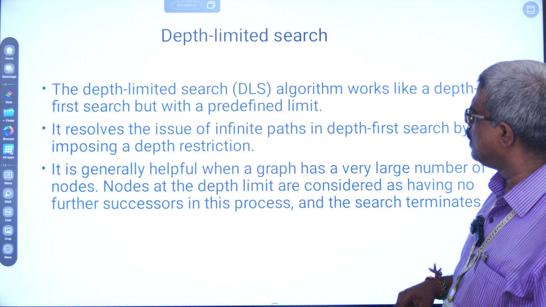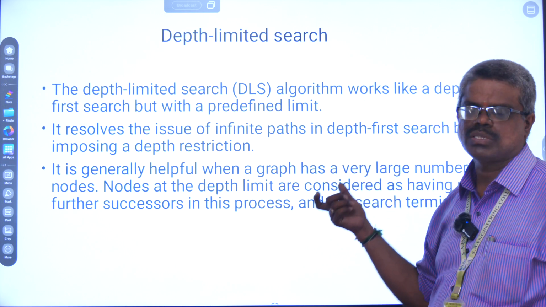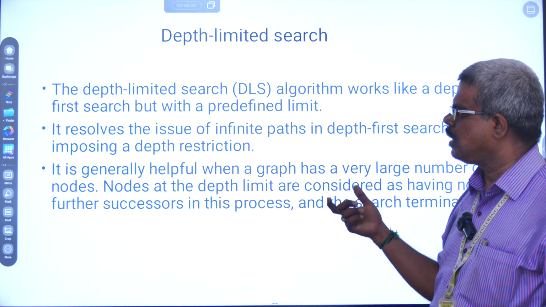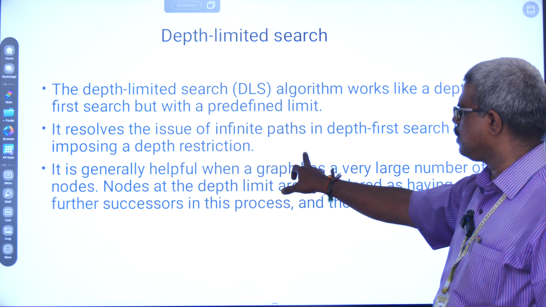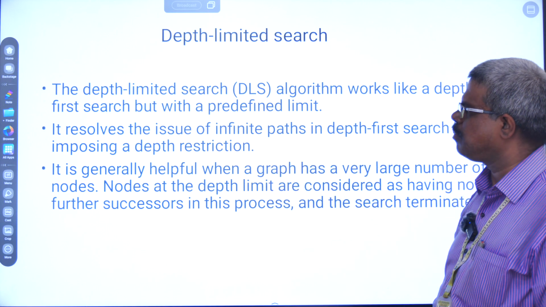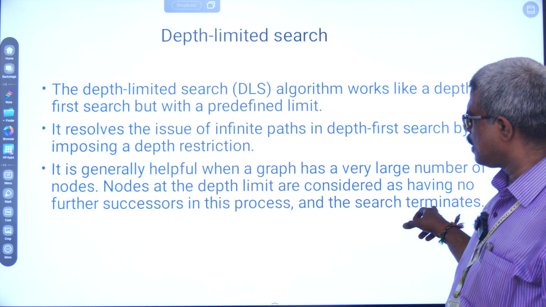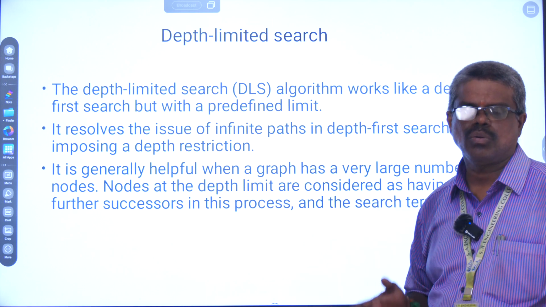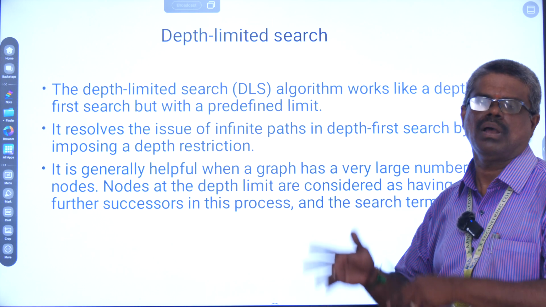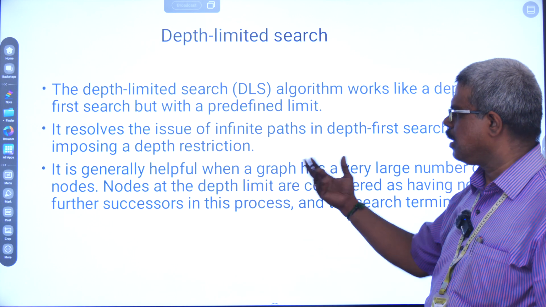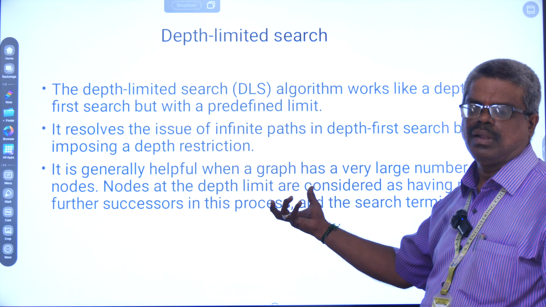Next is depth limited search. It also works like DFS, where the only constraint is that you may have an infinite path. It resolves the infinite path problem, and it applies to a graph with a large number of nodes. Your nodes or tree structure will be large, so that you can find the limitations.